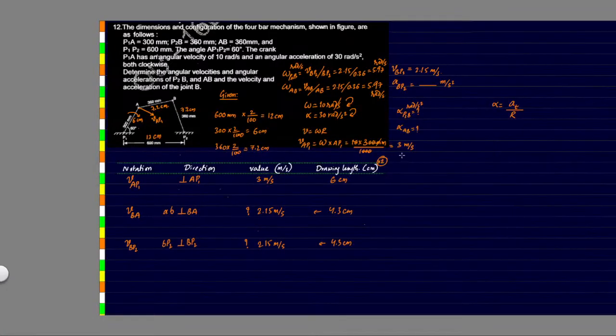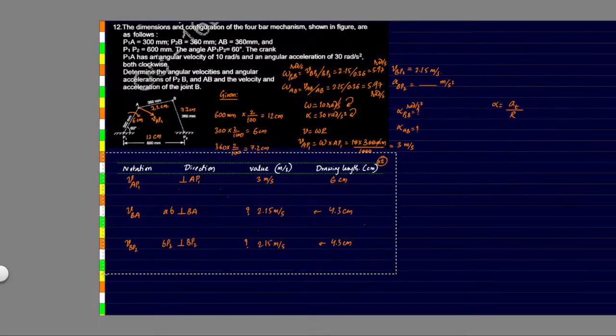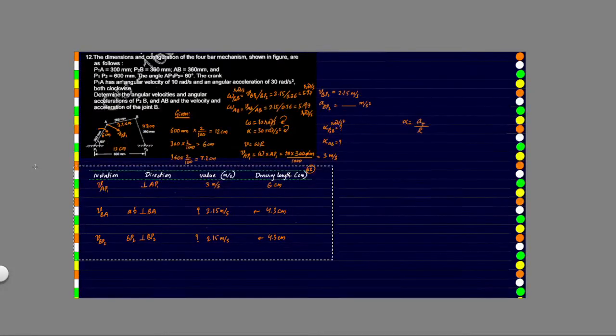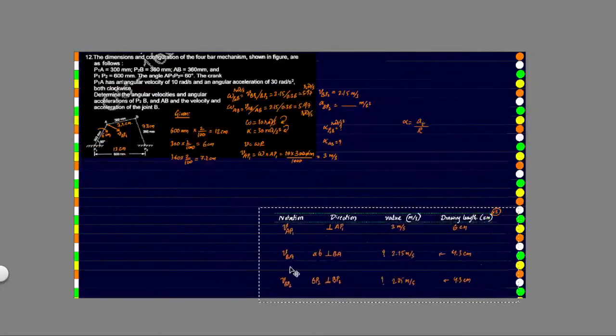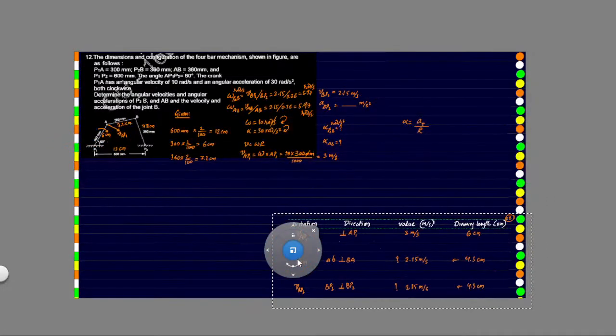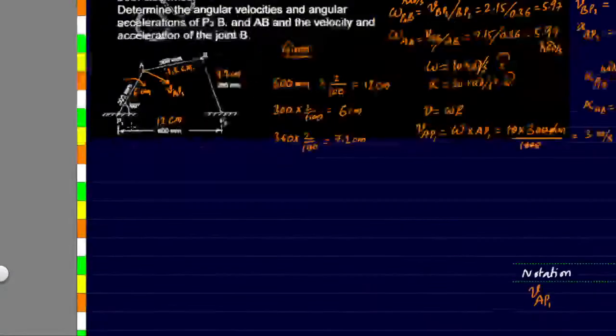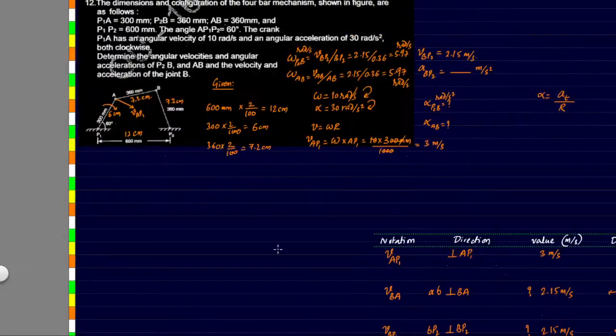And I'll just remove the velocity. We will need the velocity now, so let's keep it aside. Let's move it here. Now we will have to take the acceleration diagram.